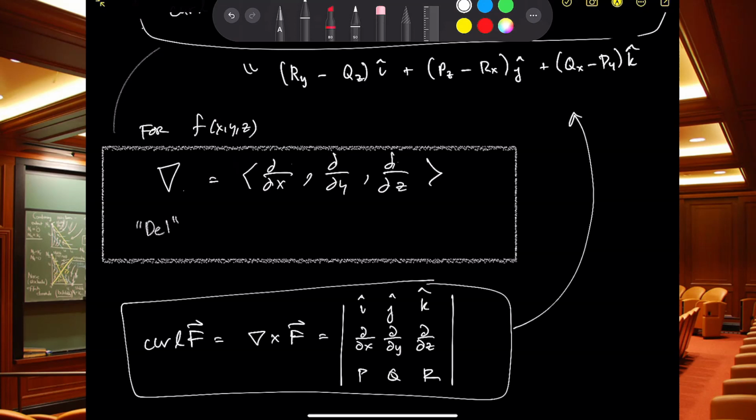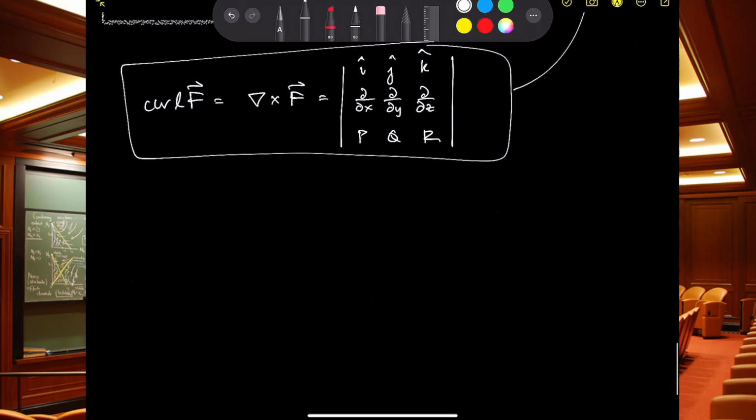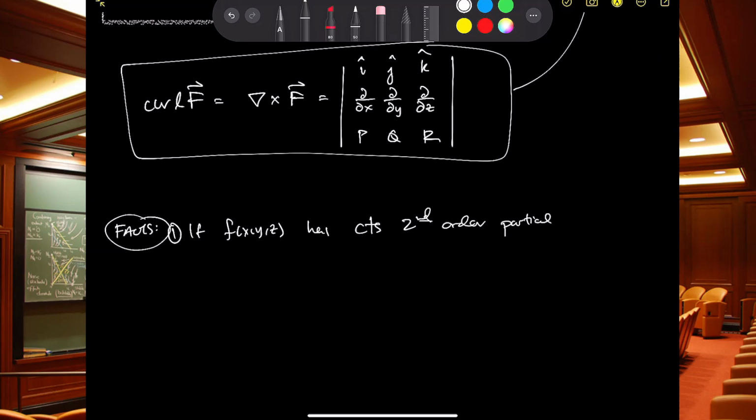Okay, so there's a couple nice facts about curl that we can talk about, and it relates to being conservative, and then we'll do an example. So the first fact here is that if we have a scalar valued function and it has continuous second order partial derivatives, then the curl of the gradient of f, again that's a vector, is the zero vector.